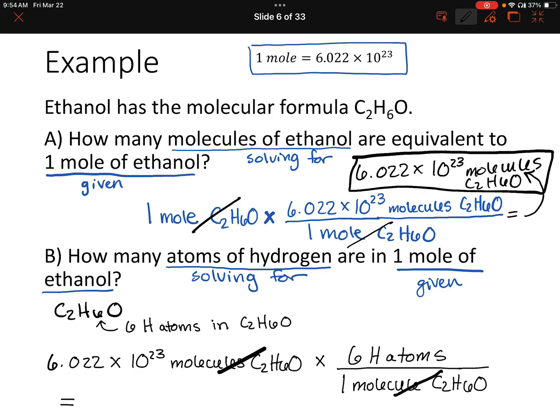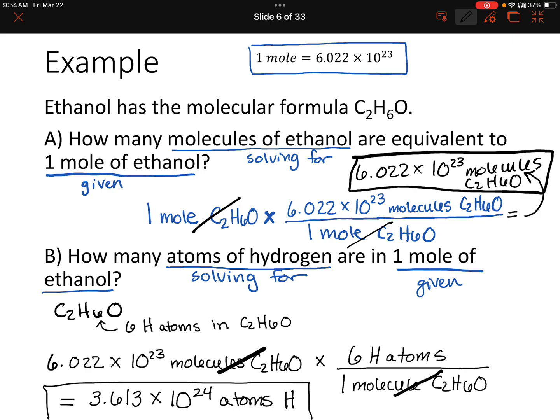So Avogadro's number, and then we're multiplying that by 6. So that should give us 3.613 times 10 to the 24th atoms of hydrogen, or hydrogen atoms, whichever way you want to write that.